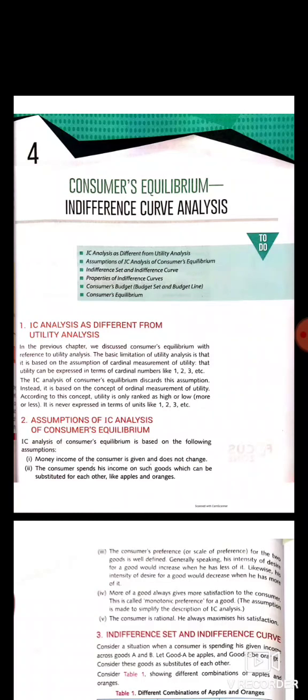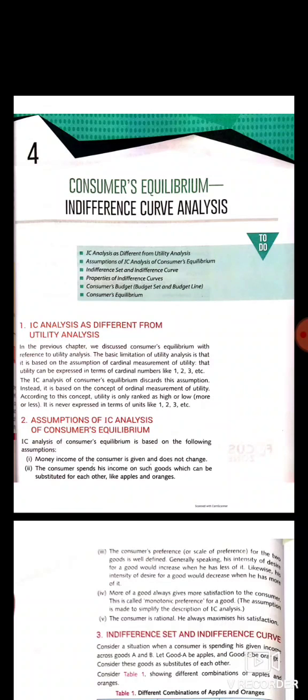But indifference curve analysis discards this assumption. Rather, it is based on the concept of ordinal numbers. Means utility is ranked as high or low only. It cannot be expressed in units like 1, 2, and 3.